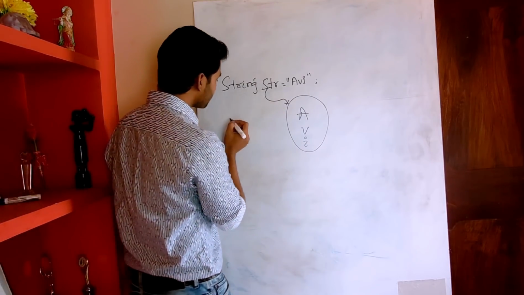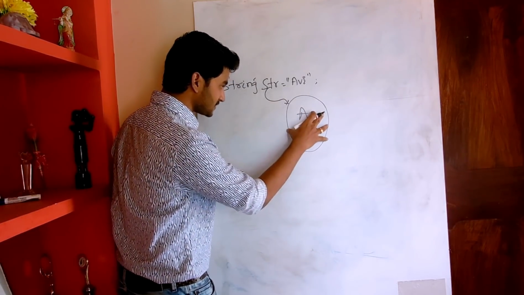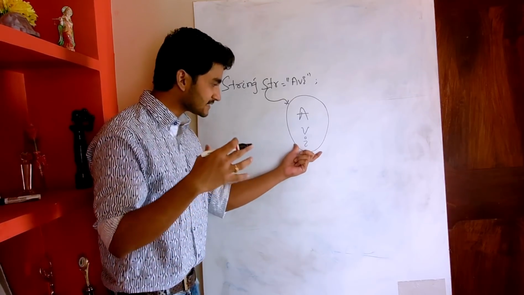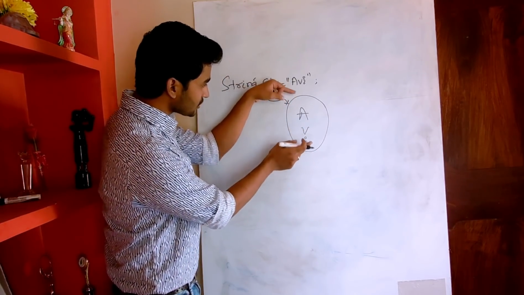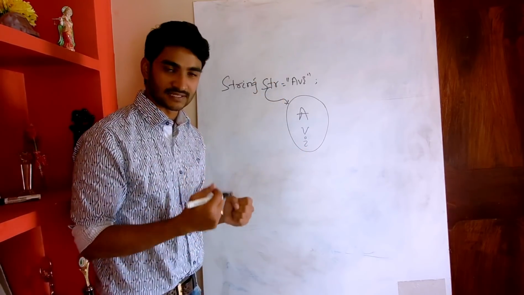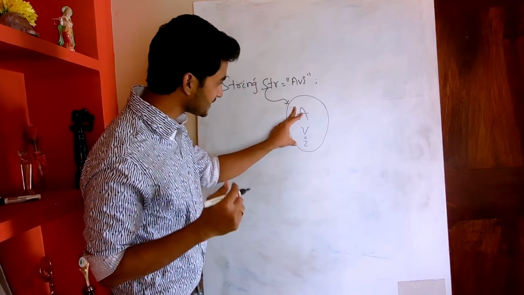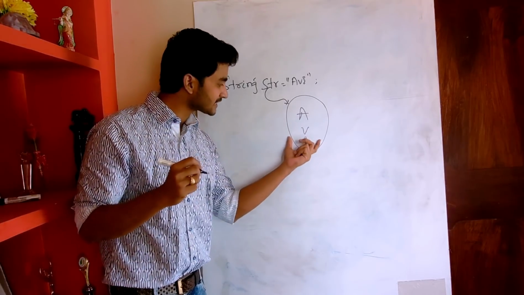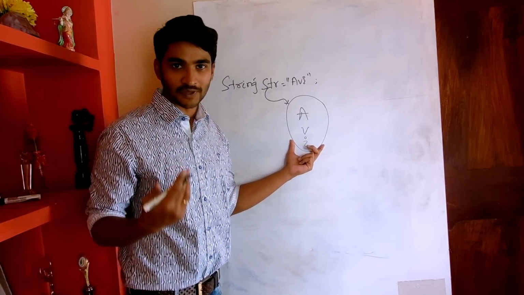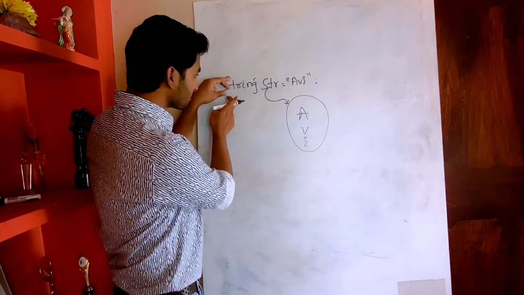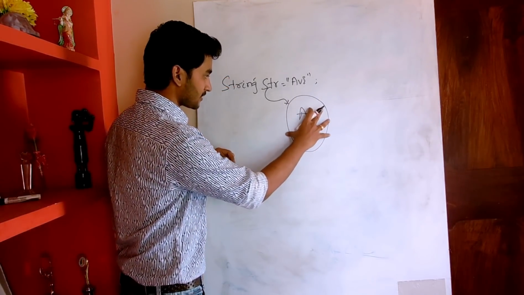If I try to modify this object right now, this is not possible. This object's content or state cannot be changed. Immutable means we cannot change the state of an object. String is immutable, that's why we cannot change the state of this object.